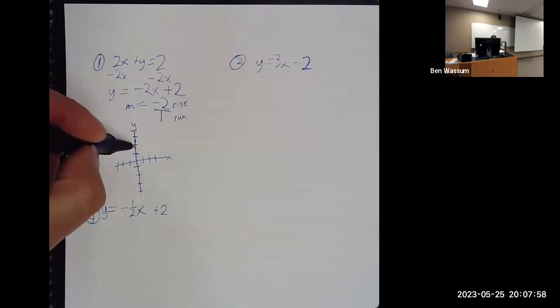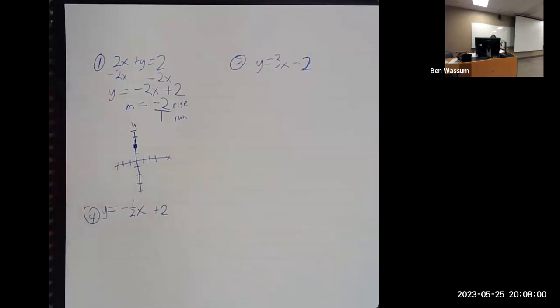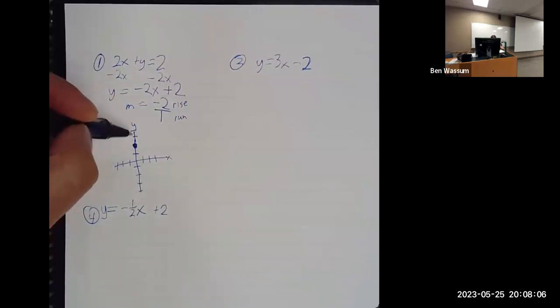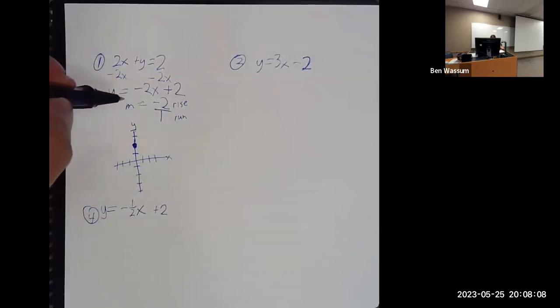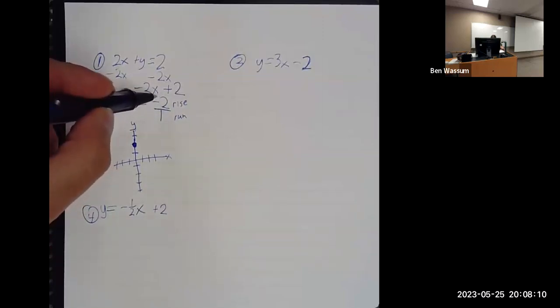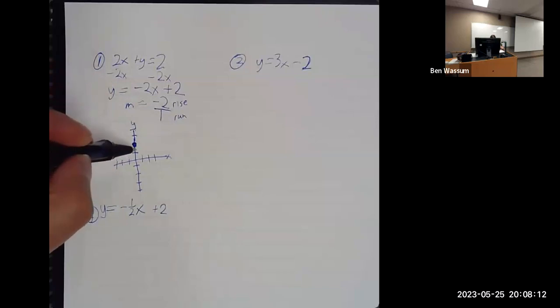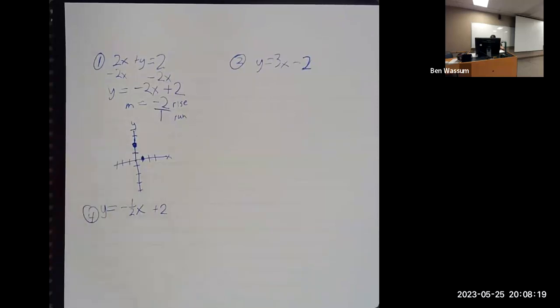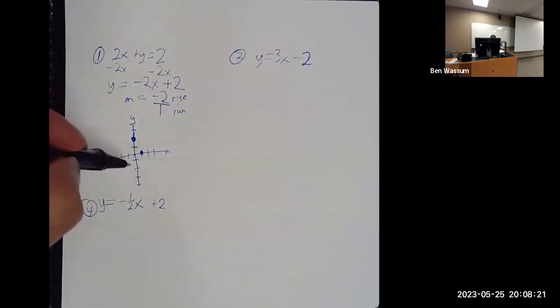And we go up to that 2, and that's going to be our first point on the graph. Now from here, we use our slope to find the next point. We have -2 rise, 1 run. That means we're going to go down 2, run 1. There we go. There's our next point.